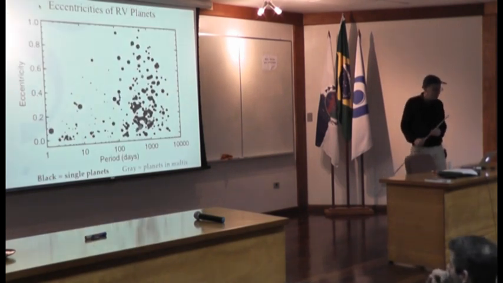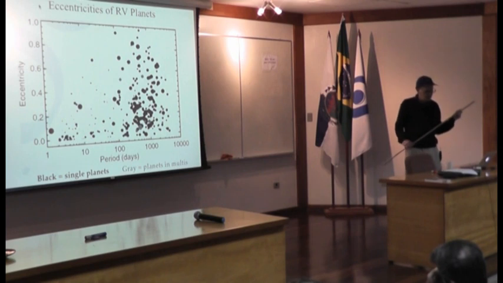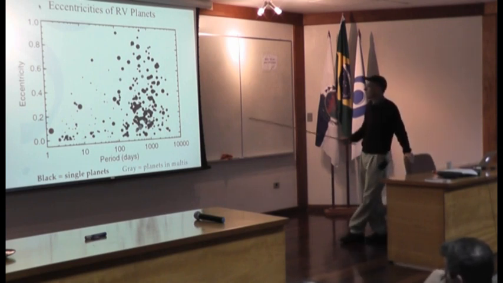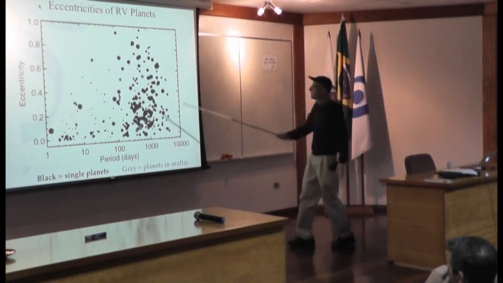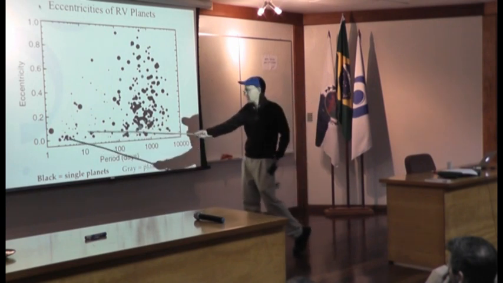This is eccentricities of the radial velocity planets. The gray ones are ones in multiple planet systems. They tend to be a little lower, but not much. Wide range in eccentricities, except close in.